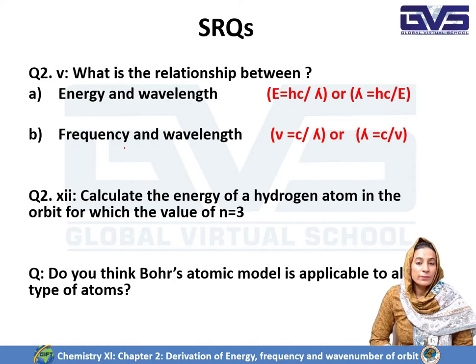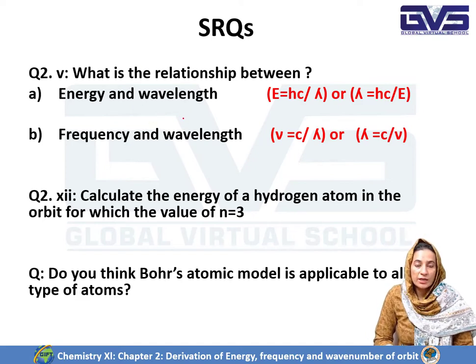Here are some short response questions, and this was the objective of today's lecture. Relationship between energy, wavelength and frequency. That is very easy. Energy is equal to hc over lambda, where h is Planck's constant, c is the velocity of light, and lambda is the wavelength.